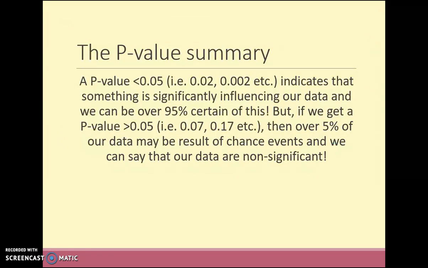So a p-value of less than 0.05 indicates that something is significantly influencing our data, and we can be over 95% certain of this. But if we get a p-value of greater than 0.05, then we can say that over 5% of our data may be a result of chance events, and we can say that our data are non-significant.